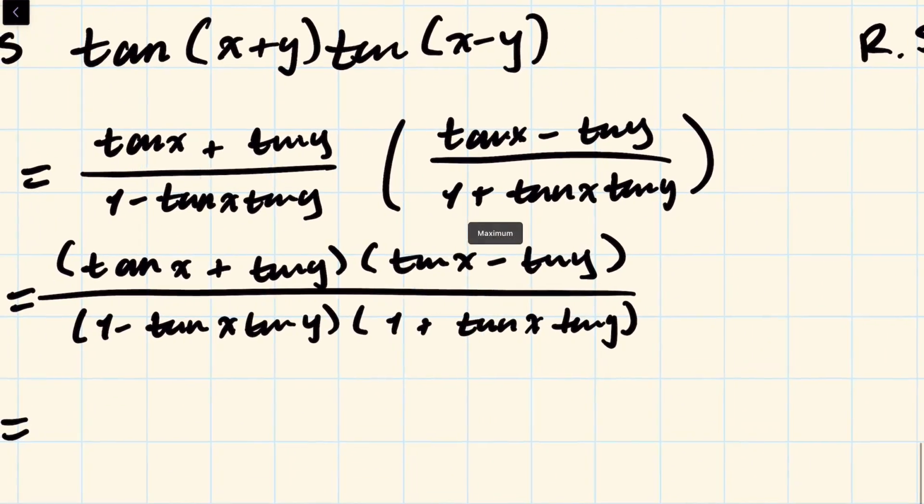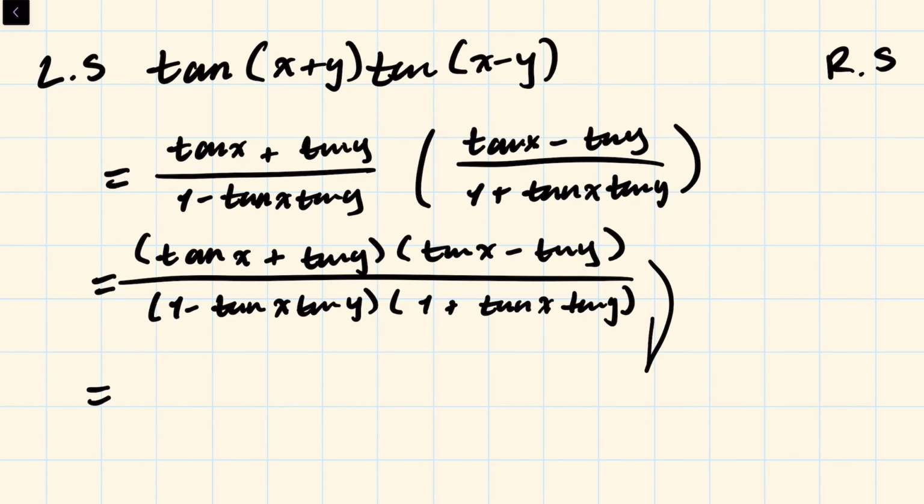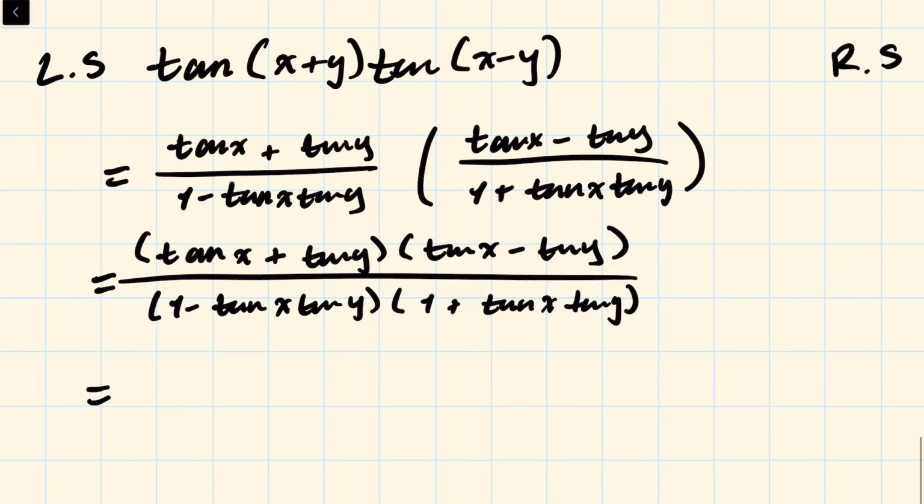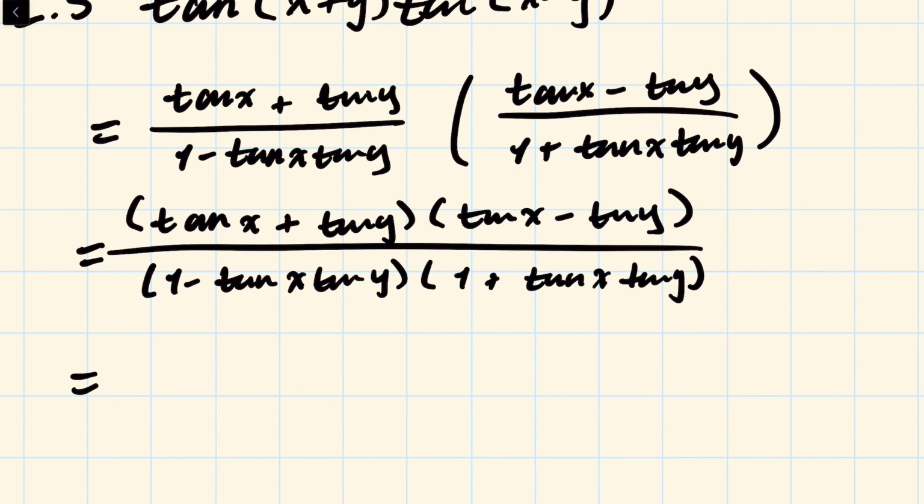Okay, so we're going to expand the numerator and denominator here, because we'll get some things that cancel out. So do FOIL, binomial expansion here.